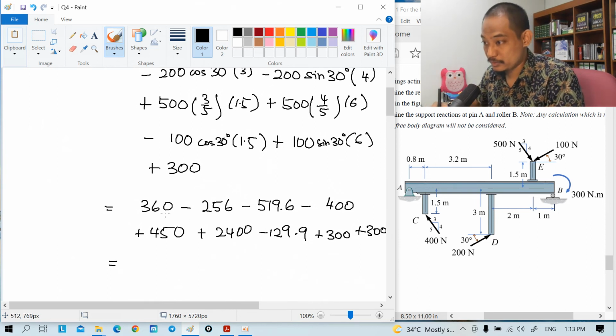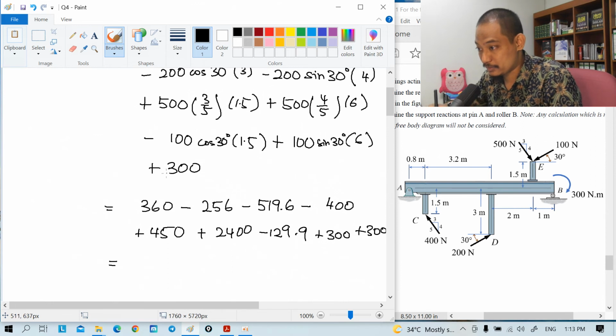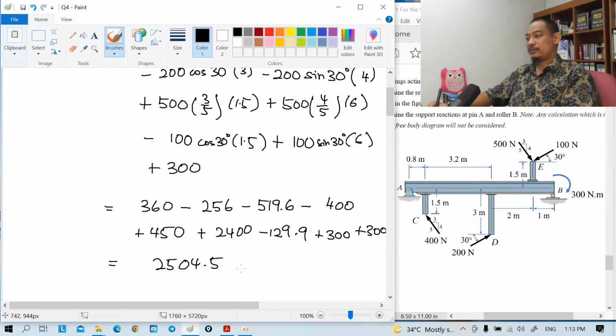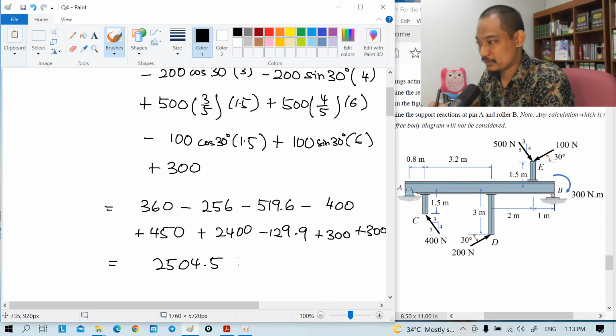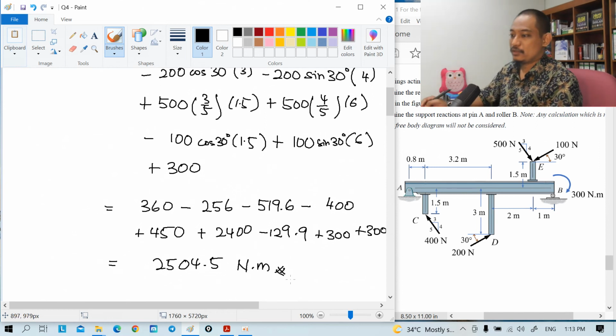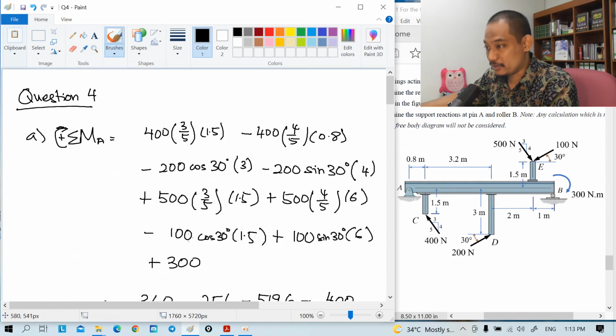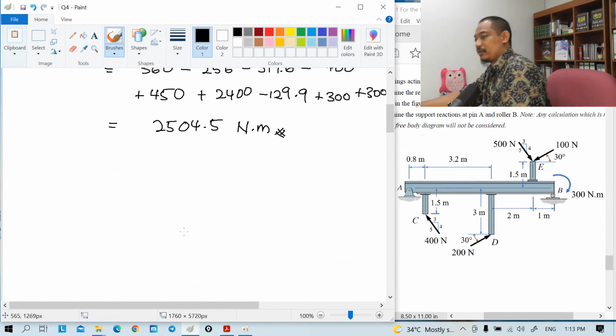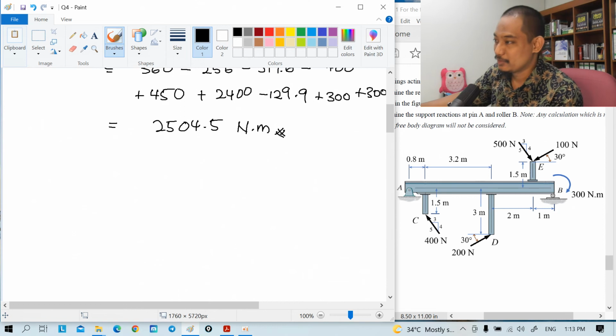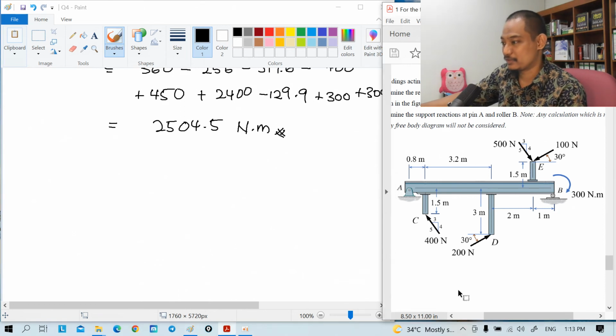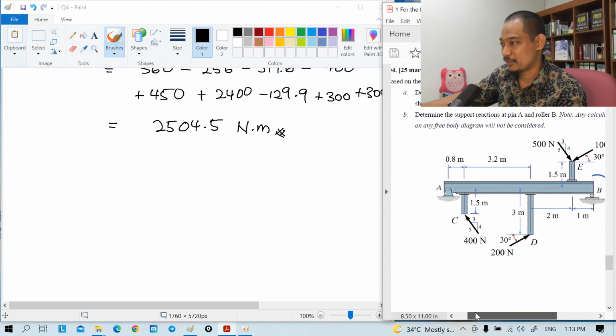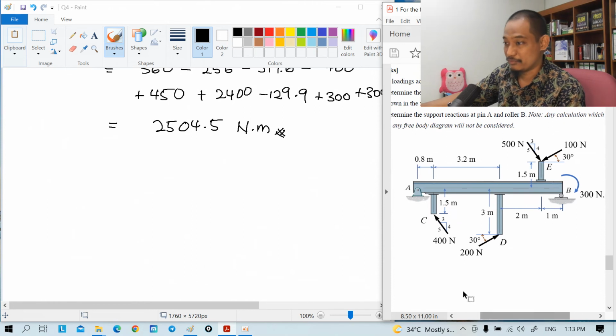That gives 2504.5 Newton meter. So this is the moment about point A. Okay, part B is the support reactions, meaning we have to draw a free body diagram.